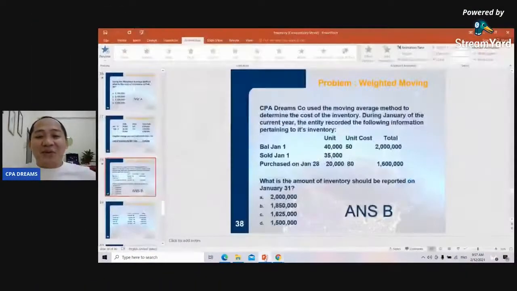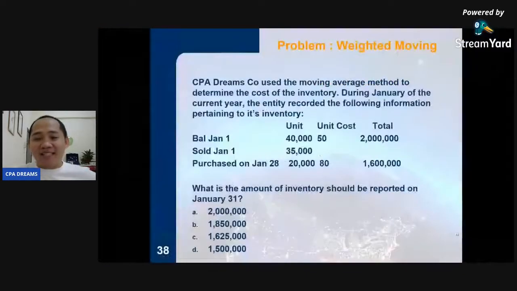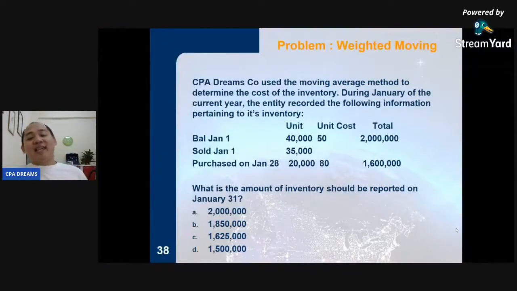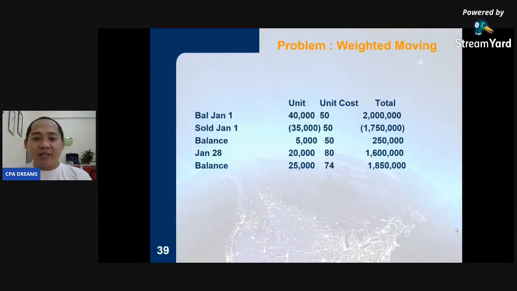Okay. So, madali lang. Anong answer natin? Okay, of course, the answer is 1,850,000. Okay, so paano kinalculate? Ito lang yan. 40,000 multiplied by 50, 2 million. Nabenta, 35,000 multiplied by 50, 1,750,000. So, 250,000 na lang ang balance mo.